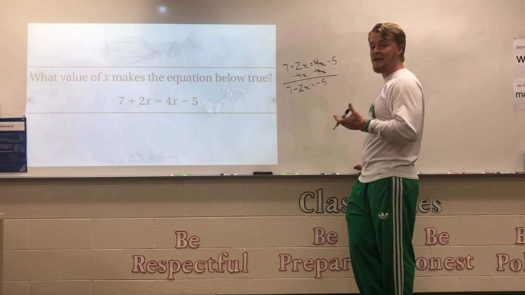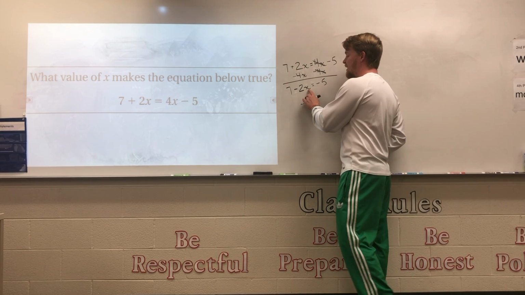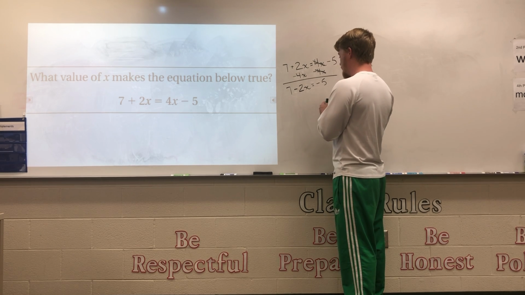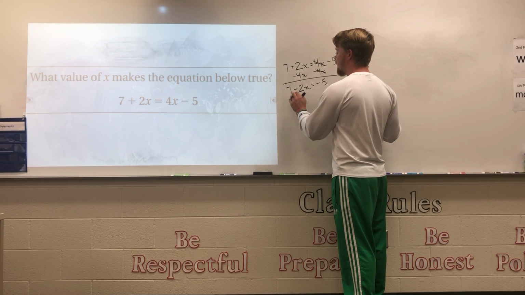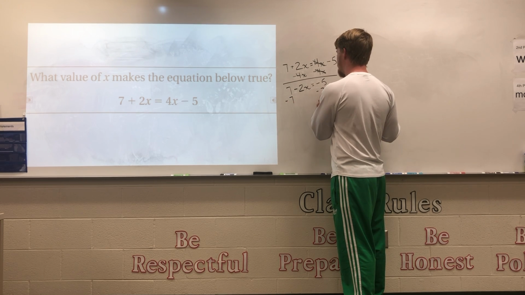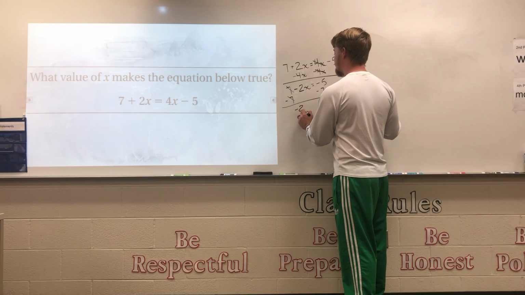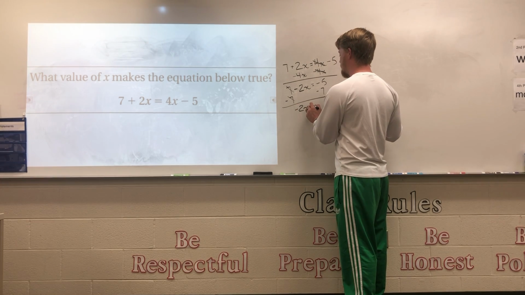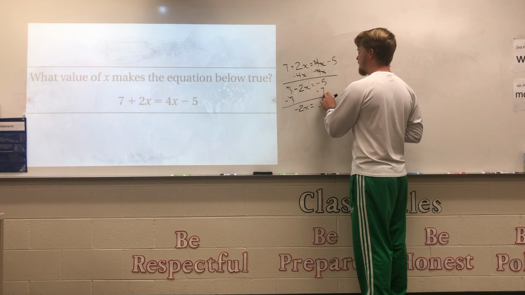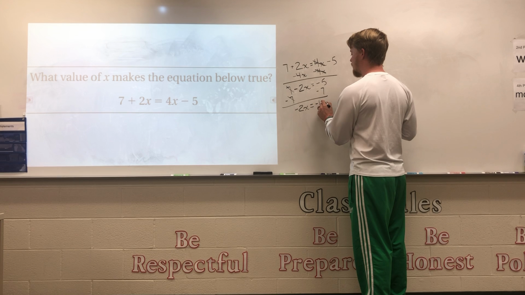Now that we have our x's combined, we're just getting that single x by itself by opposite operations. So, first thing we need to move is positive 7. To do that, we do the opposite operation of minus 7 on both sides. Cancel, cancel. Bring down the negative 2x equals negative 5 minus 7 is negative 12.